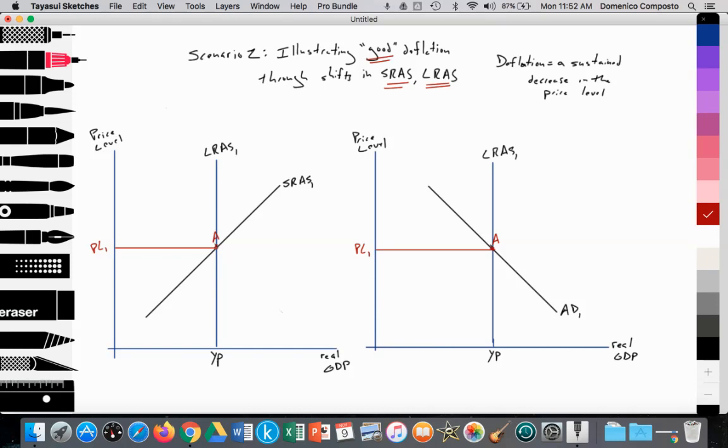So we're going to illustrate that point again here, but just focusing on SRAS, LRAS, and AD.